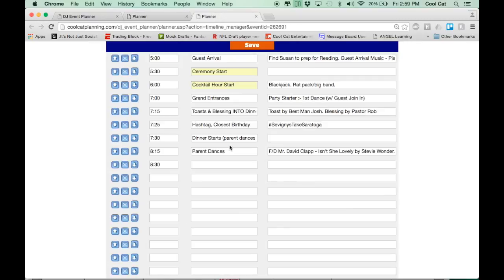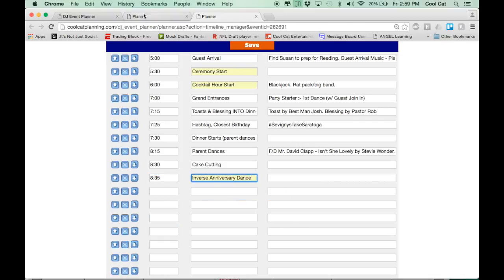So with this information, I would probably put cake cutting right after, or right as dinner is sort of ending. If it doesn't actually end up happening there, it's not the end of the world. But if you can get it done before opening the dance floor, that's definitely preferable. And then they have the inverse anniversary dance, which is a really good way to open the dance floor and get everyone up there.